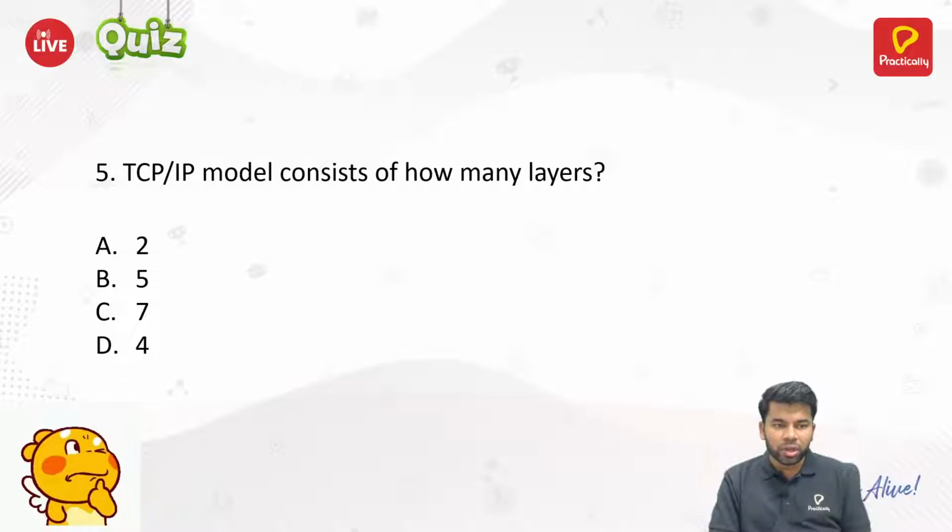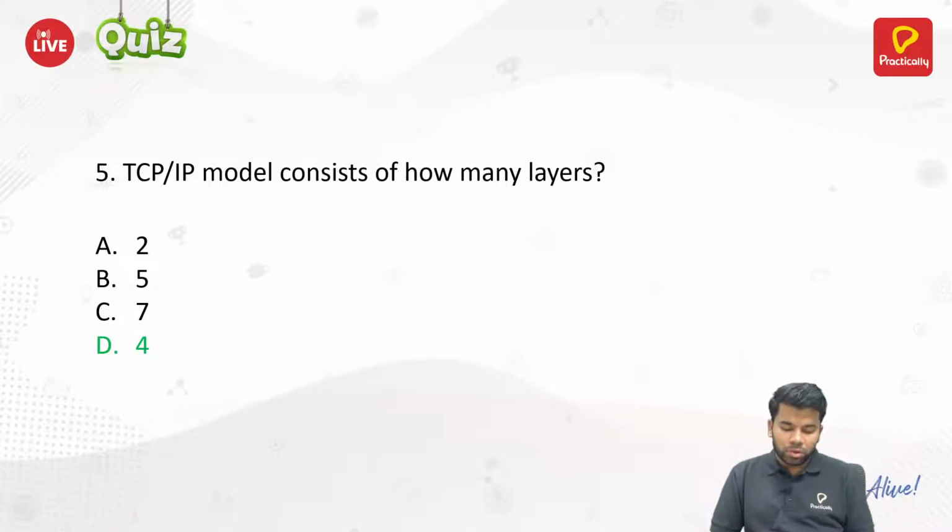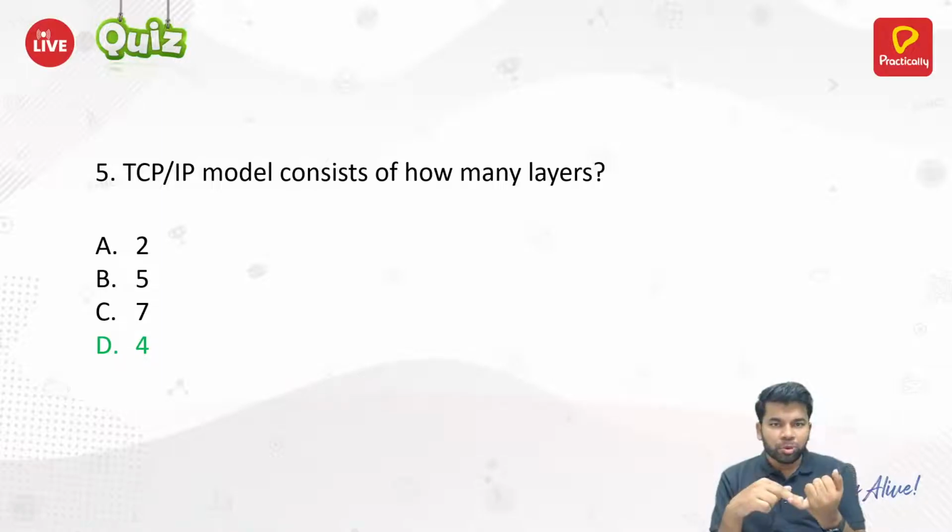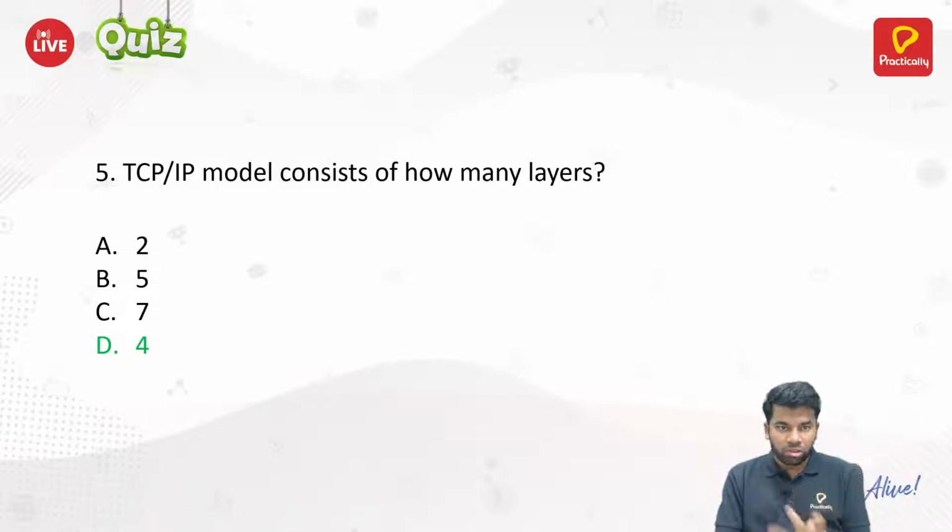How many layers does the TCP IP protocol model contain? D, 4. Very good. There are 4 layers in TCP IP: application layer, transport layer, internet layer, and network layer. The OSI model contains 7 layers.